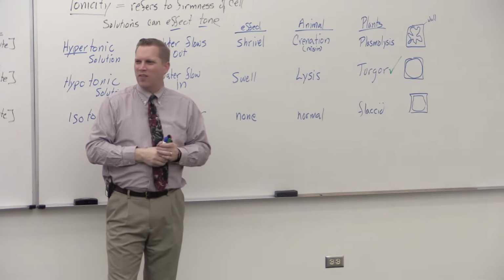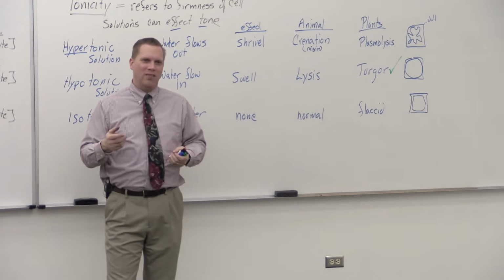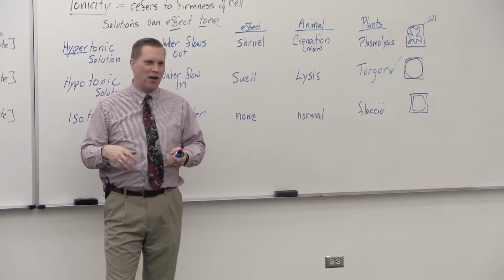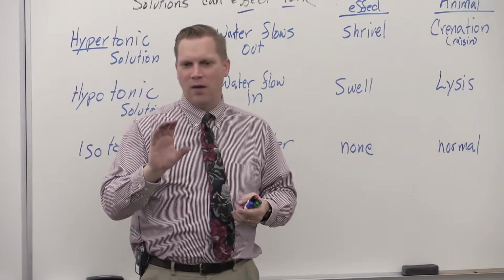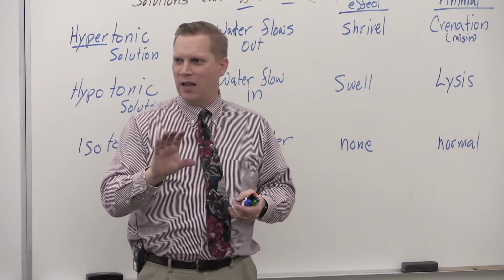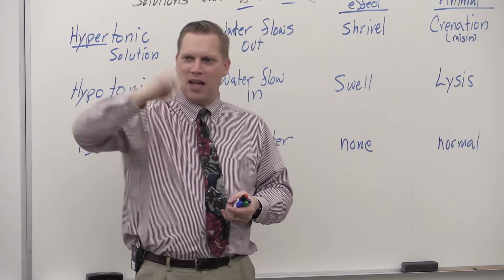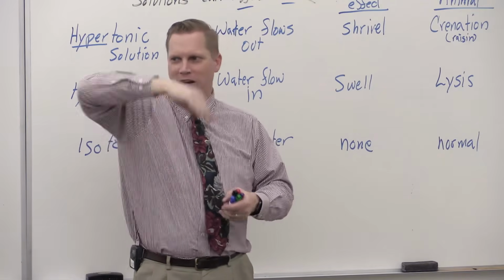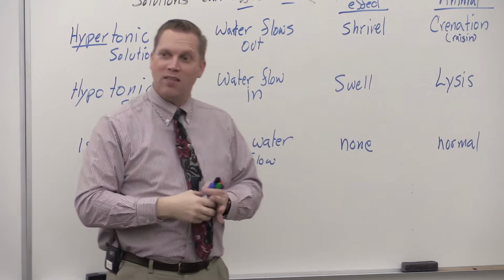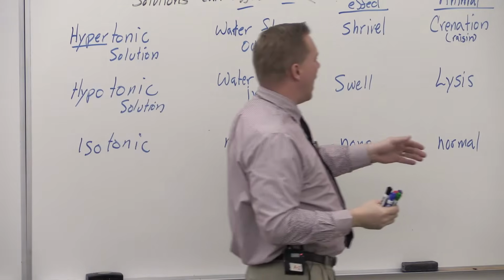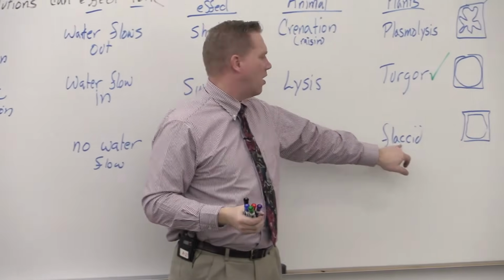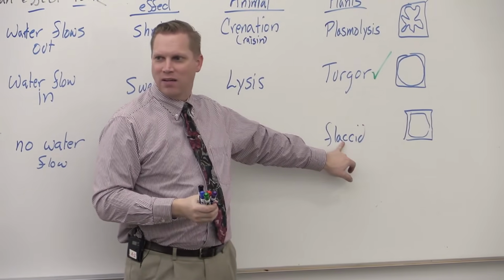You may have noticed this at the end of the semester, for example, when you go to clean out your refrigerator and there's that bundle of celery that your roommate left there from 2 months ago, and you pull that celery out and it kind of wobbles like that. That's because those celery cells have lost a lot of their water and they're in this flaccid state.